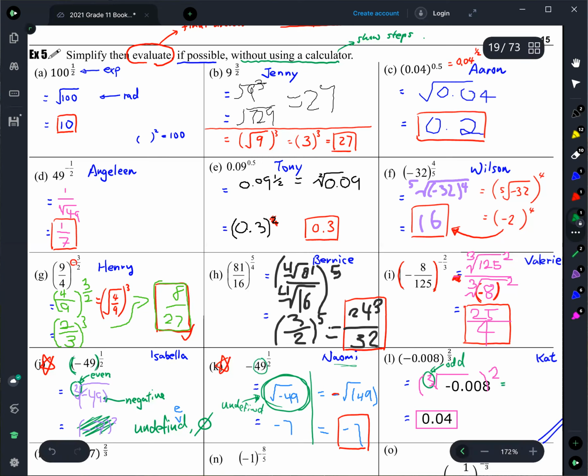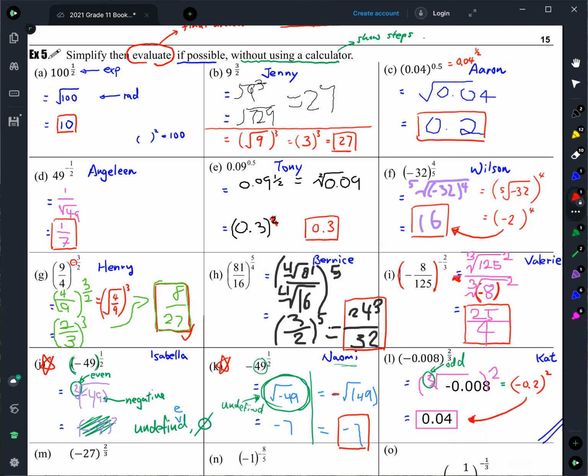The cube root of negative 0.008 is negative 0.2. And then you square that, which will give you positive. So what you want to learn is how to show the steps. If you just write the final answer, I don't know if you just punched everything into the calculator or not. So I'll be checking your steps as well.